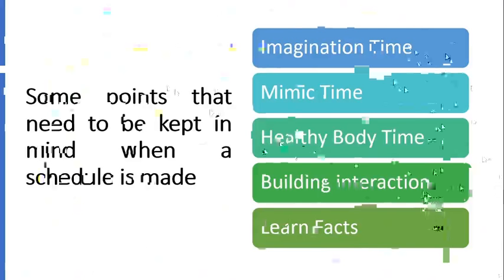The next very interesting component that should be a part of the routine is imagination time. This imagination time is something where I would suggest parents don't interfere, because how imaginative a kid is in their own world will be understood by them more than us. So you give this lab completely to the kid to understand what they like to do.